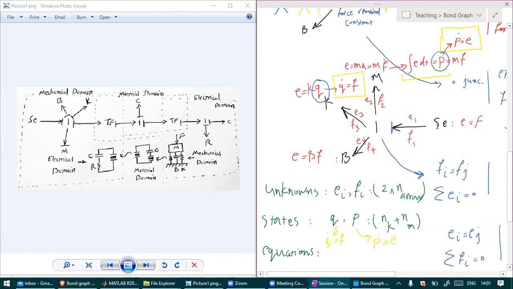If one side of the arrow defines the effort, the other side of the arrow defines the flow. The flow, exactly. So you can remember it this way as well. The part that has this perpendicular line, the causality sign, defines the flow.